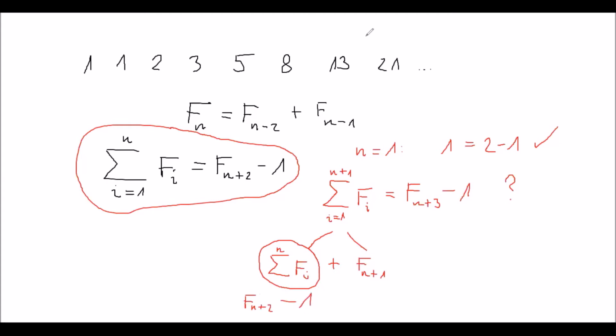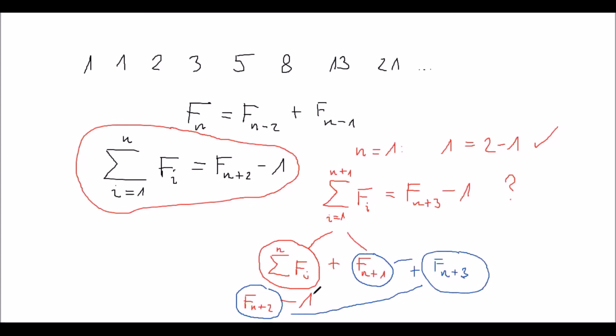Together, f(n+2) and f(n+1), if we add them, will be equal to f(n+3). And here we have minus 1.